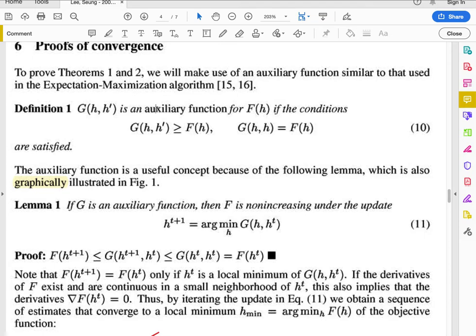What was f? f was the least square error, or the mean squared error, or simply the squared error, which means your v minus wh Euclidean distance whole square summed over all the data points.